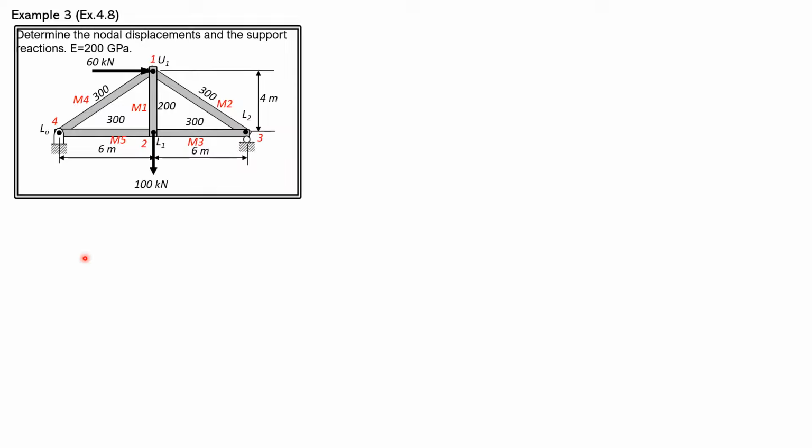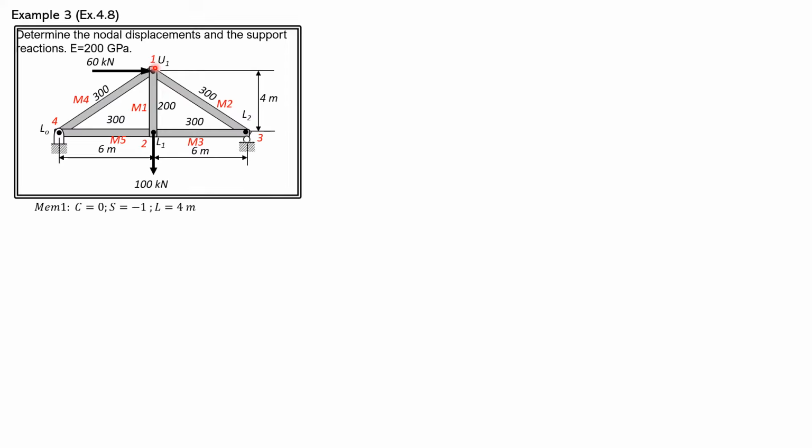Then first, let's have the member stiffness, the individual stiffness matrix. So for member 1, we choose U1 as member 1. Its cosine, this is going down from 1 to 2, so its cosine is 0, while its sine is negative 1.